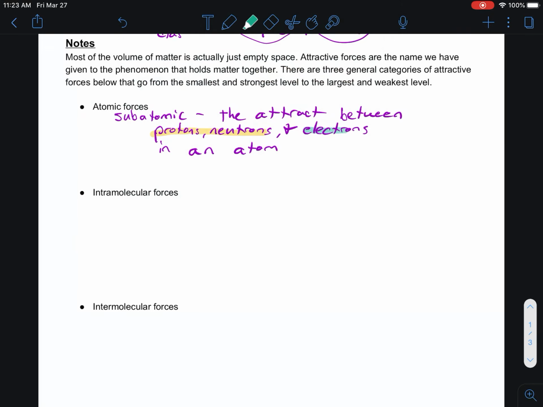Electrons, well, they're found out in the cloud. So what is keeping those electrons, while not orbiting, they've got that weird slushy wave-like, particle-like behavior, but what is keeping them there instead of just flying off into space?